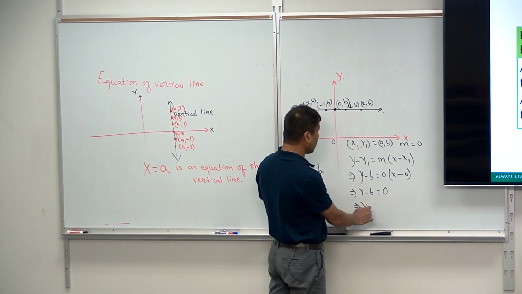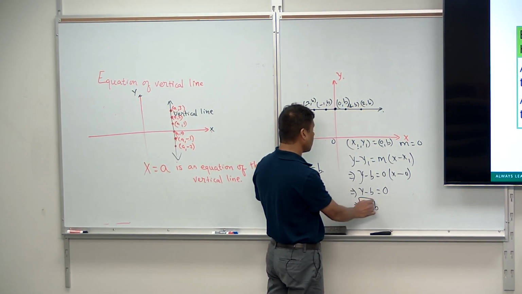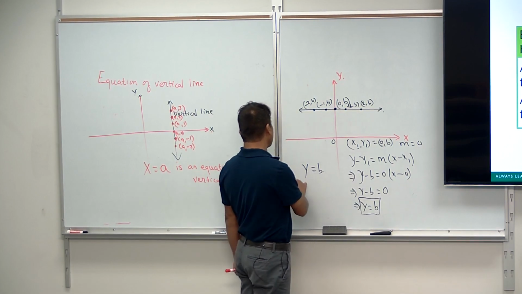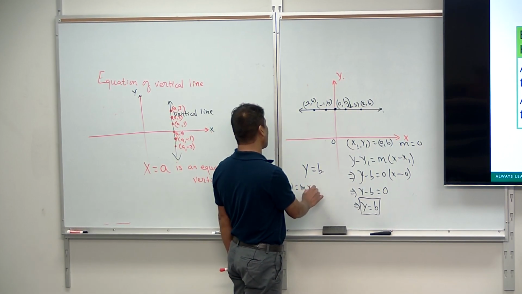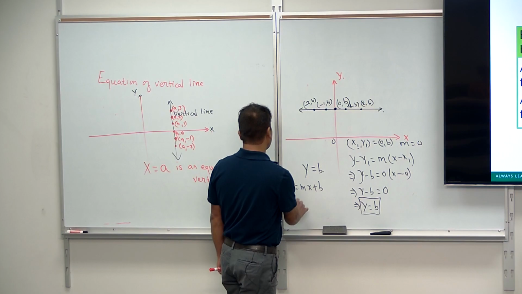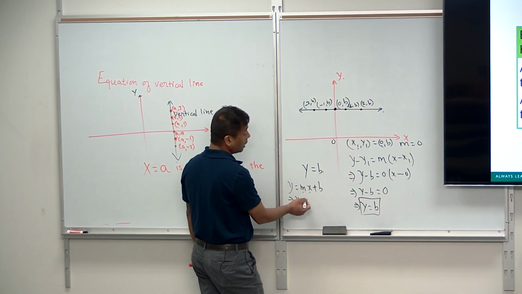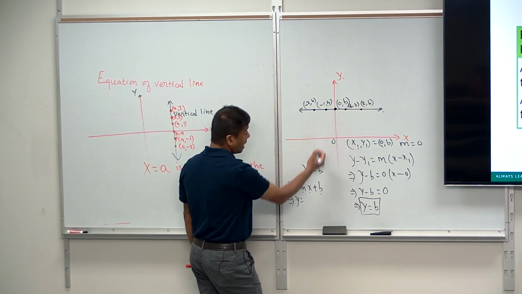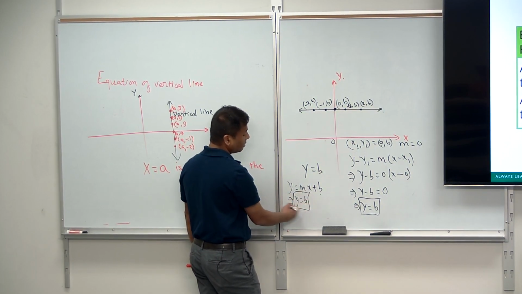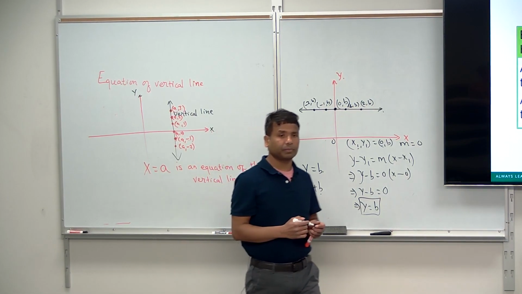Now, that will be what? y equal to b. Or you can think slope-intercept form, y equal to mx plus b. You know that the slope of the horizontal line is 0, so 0 times x is 0, and it has the y-intercept b, so y equal to b. A different way of thinking. That makes sense?